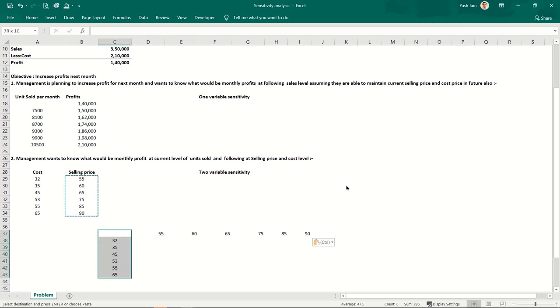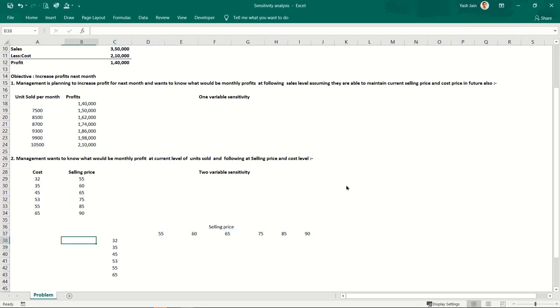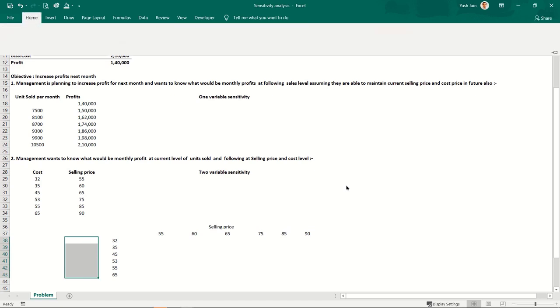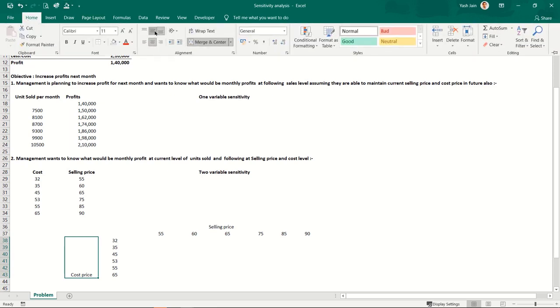So this is my cost, this is my selling price. For better identification, let's name this. So I'll just merge cells here and we'll write here selling price, and maybe we'll merge cells here and we'll write here cost price. Okay, let me align it in middle.